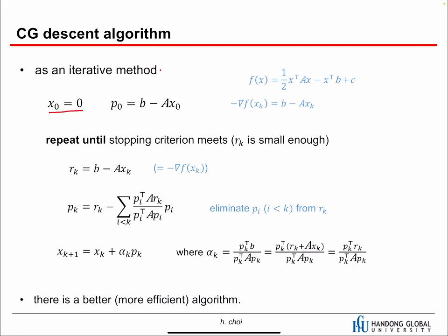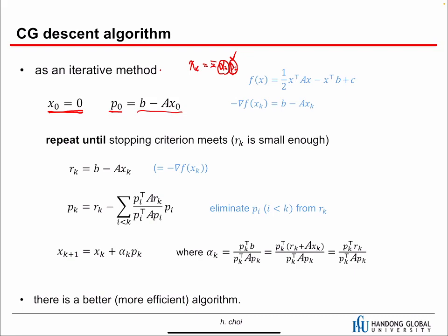As you can see, x star, the solution, is a weighted sum of conjugate vectors. So as long as we have a conjugate vector p sub i, we can calculate alpha sub i. So the question is, how can we get this p sub i? When x naught is 0, p sub 0 is simply b minus A x naught.